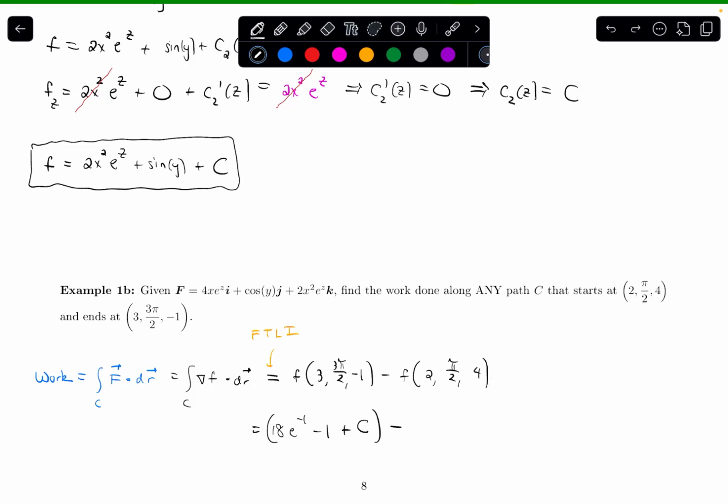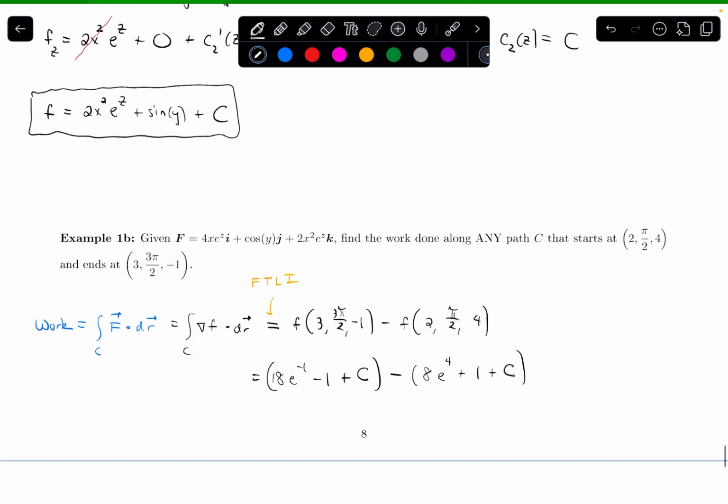If I plug that in, I'll get 8 e to the 4 plus sine of pi over 2 is 1, and then I get plus c. If I subtract these, I'll end up with 18 e to the negative 1 minus 8 e to the 4. I'll get minus 1 minus another 1, so that's minus 2. And the c's cancel, so I just get this.